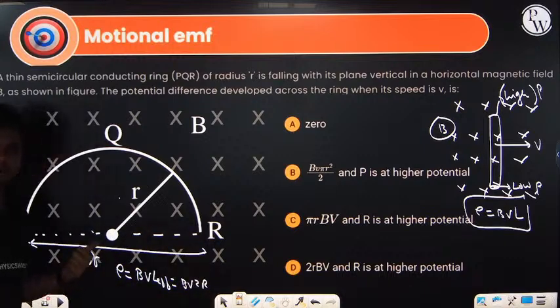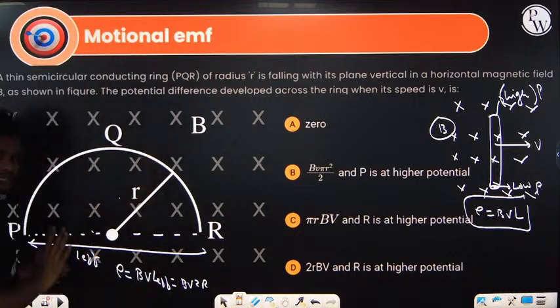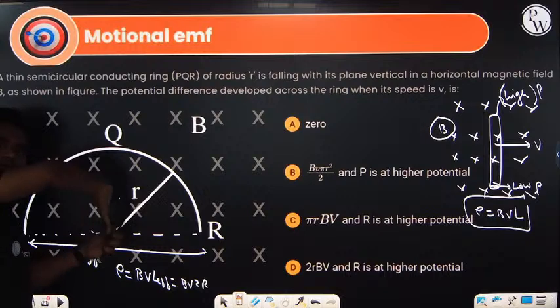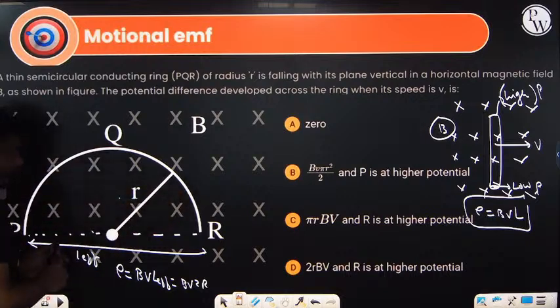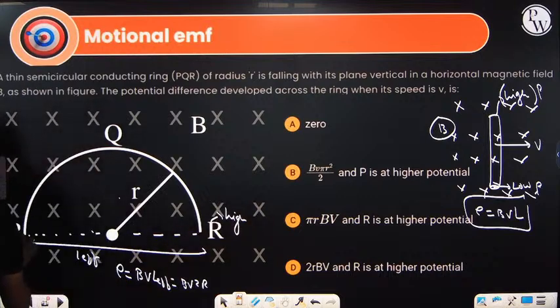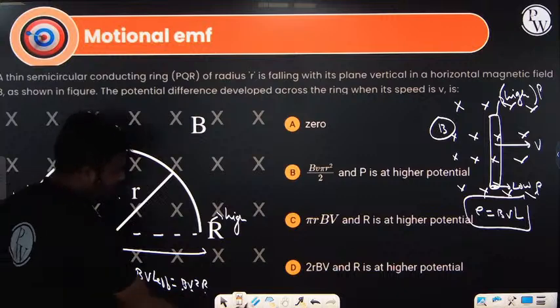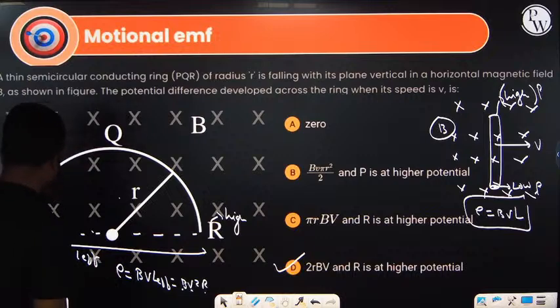Again, as it is falling down, we have to place our hand in such a way that the magnetic field is going towards this side, and this R side will be high potential and the opposite side will be low potential. So the EMF is BV into 2R, that is 2R into BV, and R is at higher potential.